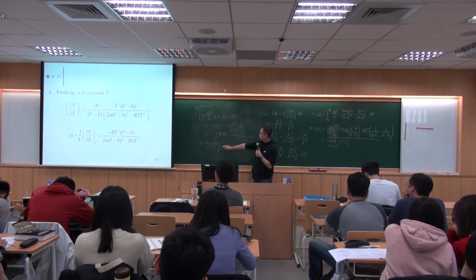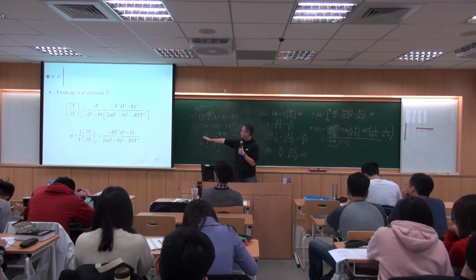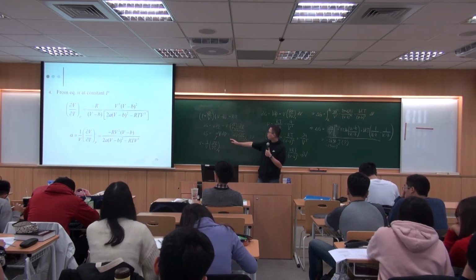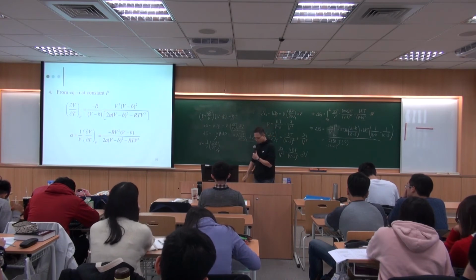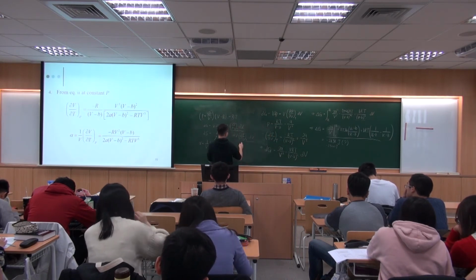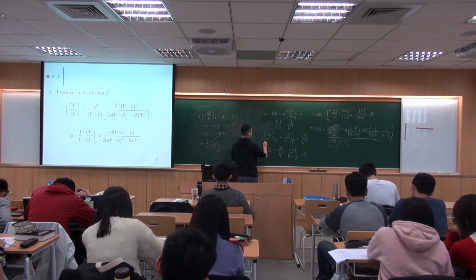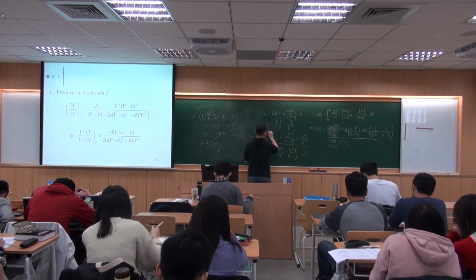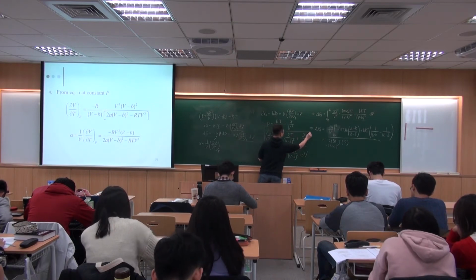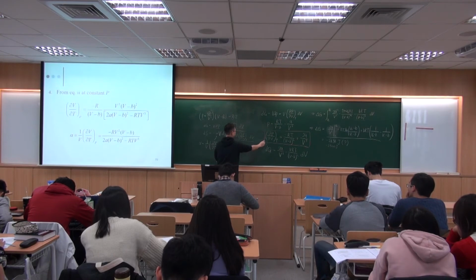The strategy of the textbook is that we already know dS has this expression, right? And we also know how to calculate this term, like over here. So this is what we're going to plug in over here.